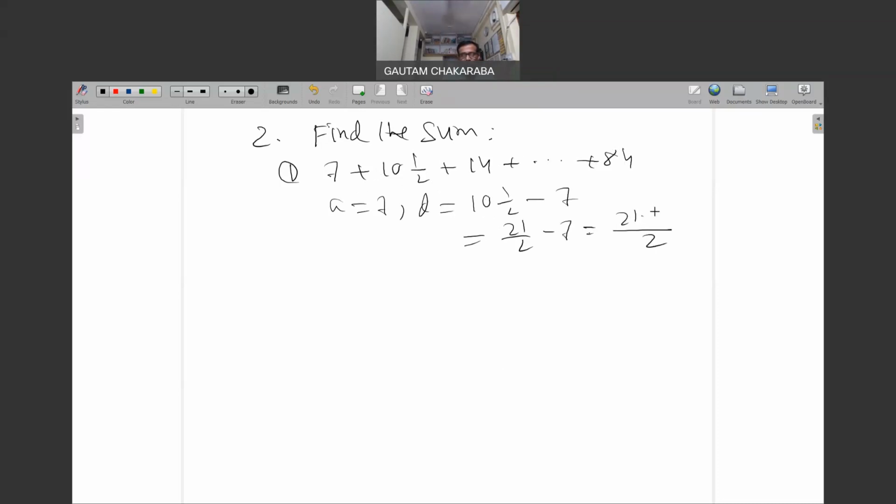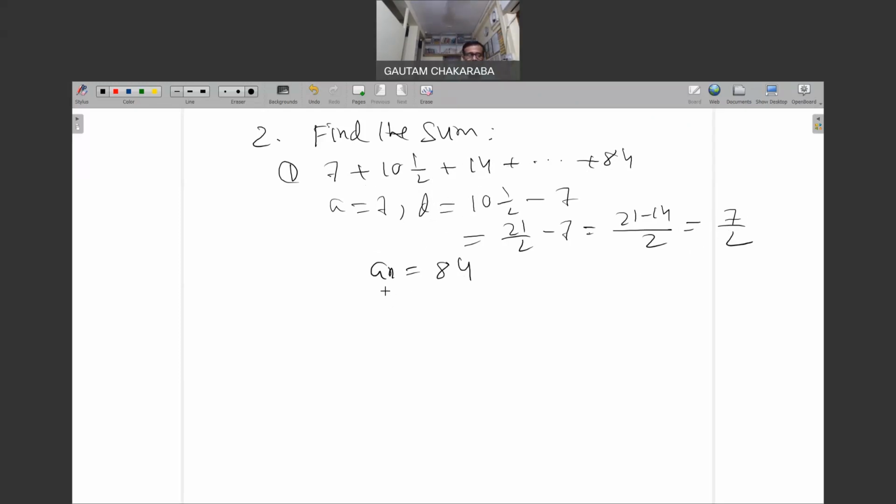Now 2 minus 14, that is how much? 7 by 2. Okay, 7 by 2 is the common difference. And here the last term is given, but the number of terms is not given.